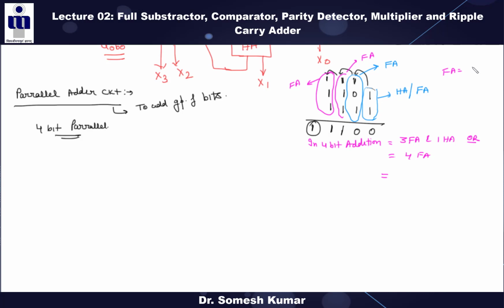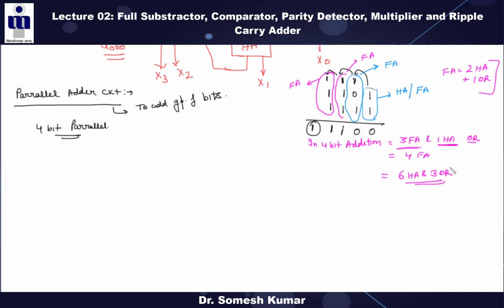We design a full adder circuit using half adders: 2 half adders and one OR gate, right? So if there are 3 full adders, then how many half adders? 6 half adders and 3 OR gates, right?